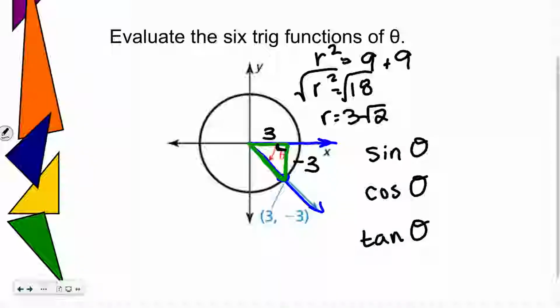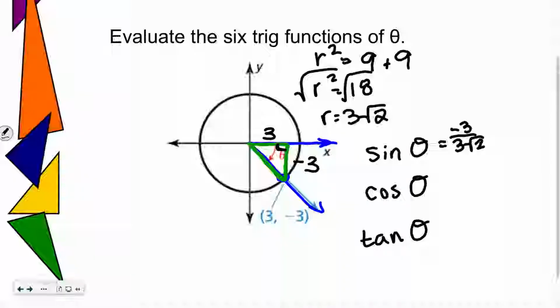Opposite over hypotenuse. Lexi? Which angle is the one we're talking about? The angle is marked right here. So the angle is around the origin. So sine, opposite over hypotenuse, would be -3 over 3 square root 2. Yeah, -3 over 3 square root 2.